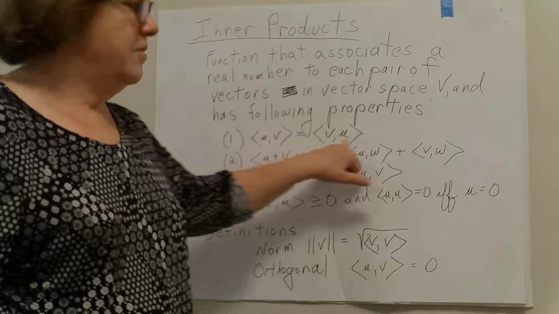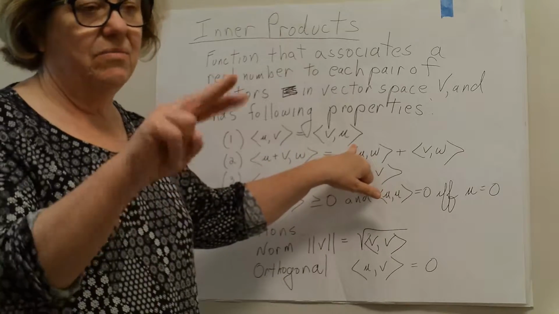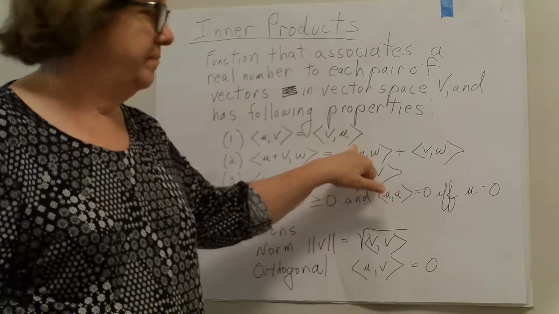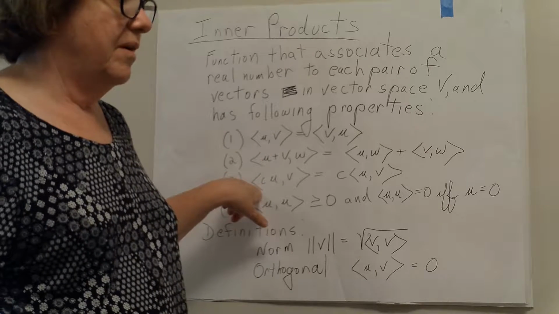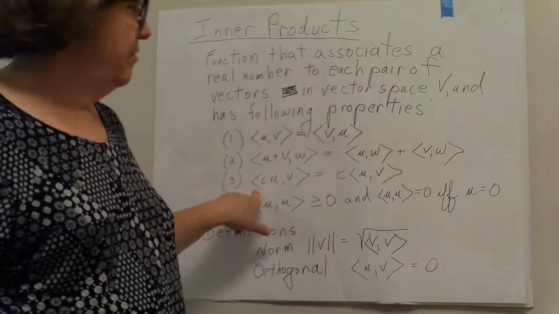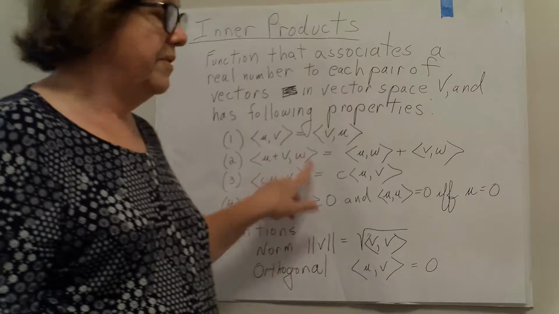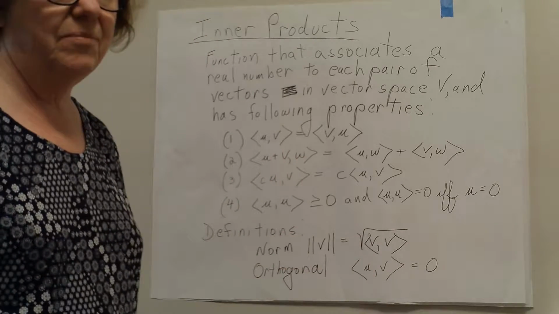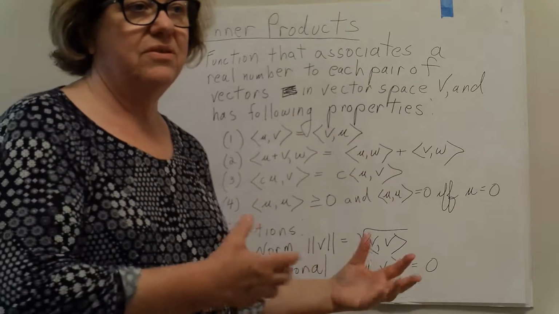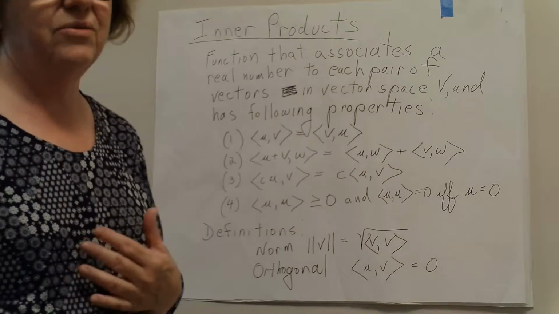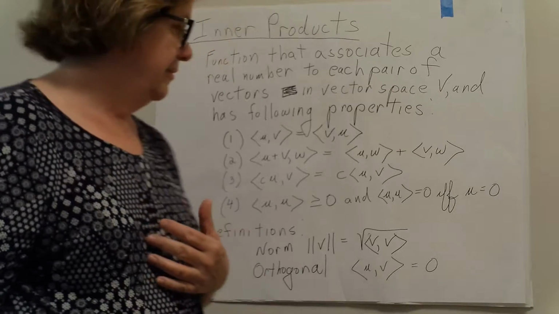Notice the symmetric property holds because it doesn't matter which order you multiply them in. If you do a little algebra with it, you can see that these two properties hold and this one holds for the dot product. So these are the key properties that mathematicians have decided to abstract to inner products from dot products.